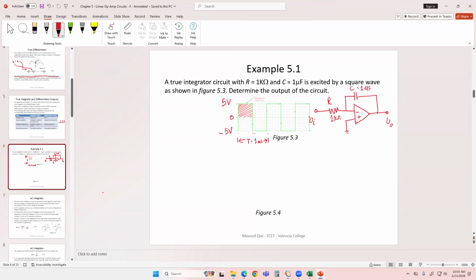So let's write down the formula first, but we're going to just use the area under the curve instead of using the formula. So this is the equation that we derived earlier to calculate.